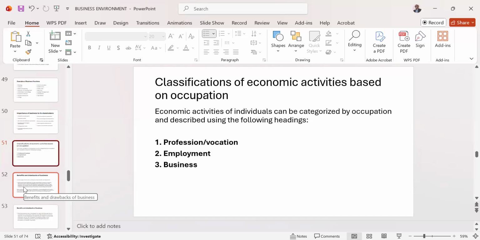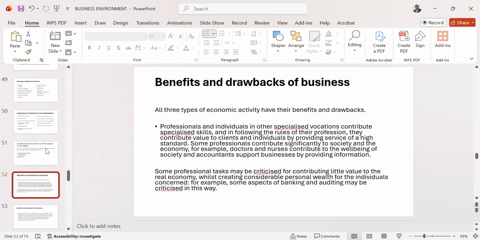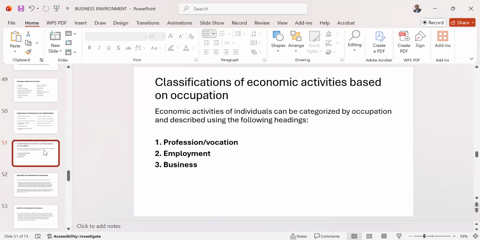So, profession, you want to talk about that? This economic activity. Anolo, I want you to share your thoughts regarding that. When we talk of profession, what comes to your mind?